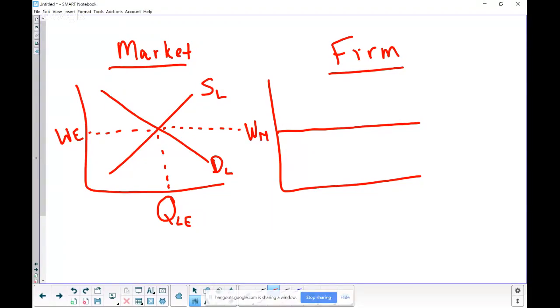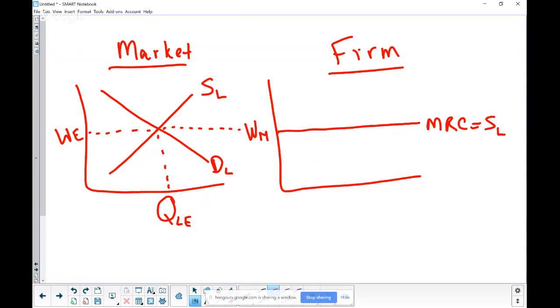So this is going to be our MRC. This is the cost of hiring people. And the fact of the matter is, we're supplying labor, but we have to take the price that they give us, that we have to take the wage. Okay. So this is going to be our supply for labor curve.